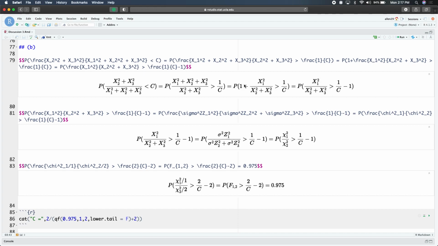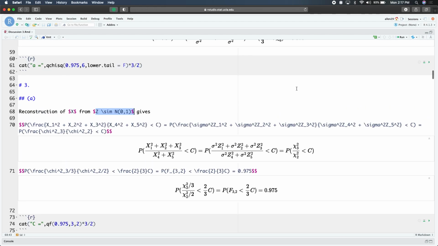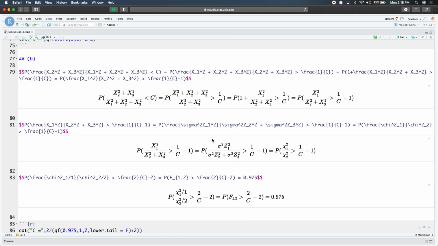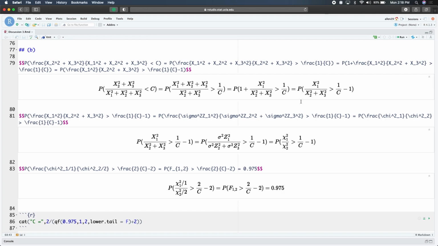And then move the 1, or minus 1, from both sides. We have this greater than 1 over c minus 1. And then from here, we can apply the same procedure as what we did in part A, constructing the chi-square or F for the solution.